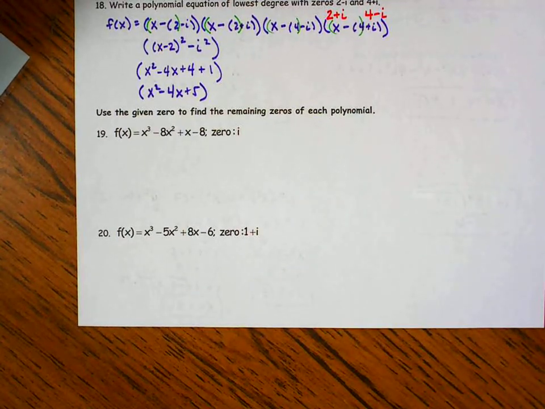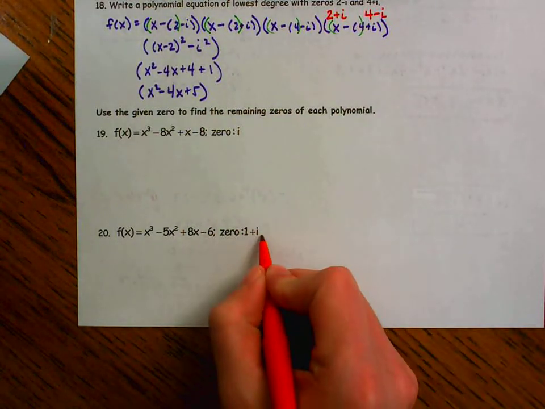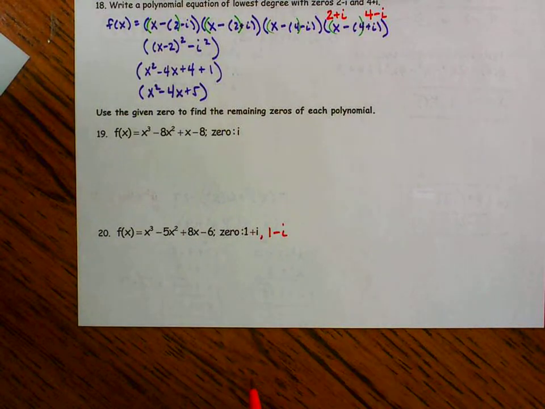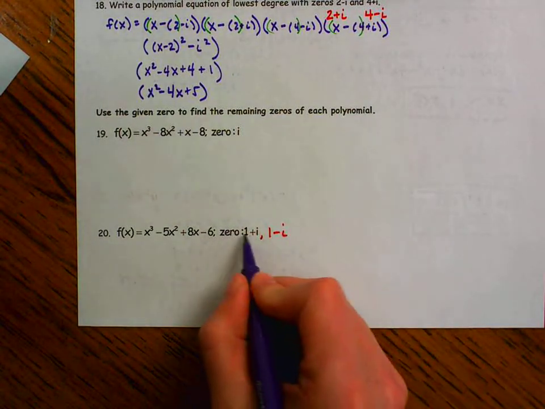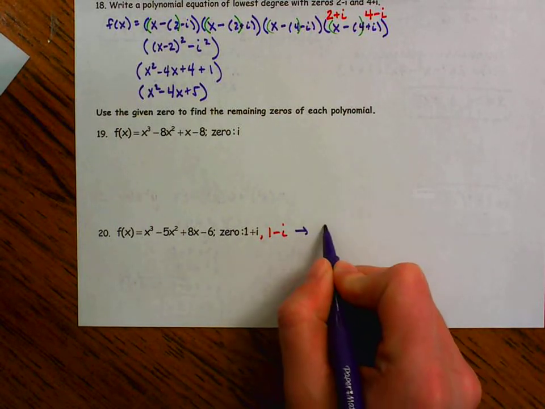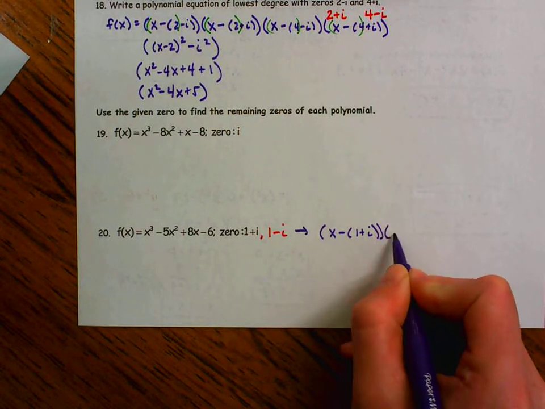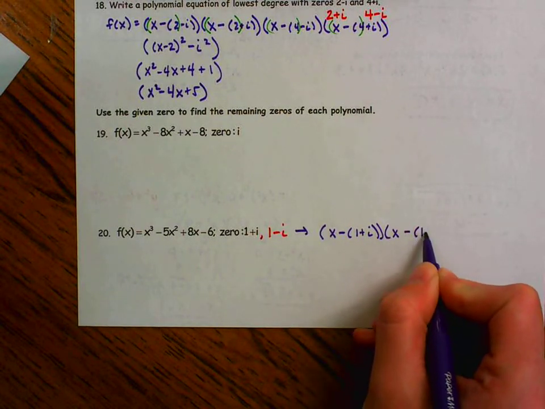So for number 20, we have this zero. Well, we know from what we've seen before, if this is one zero, then 1 minus i will be another one of my zeros. So I'm going to go through and see if I can turn this into some factors. So what I really have is x minus 1 plus i and x minus 1 minus i.